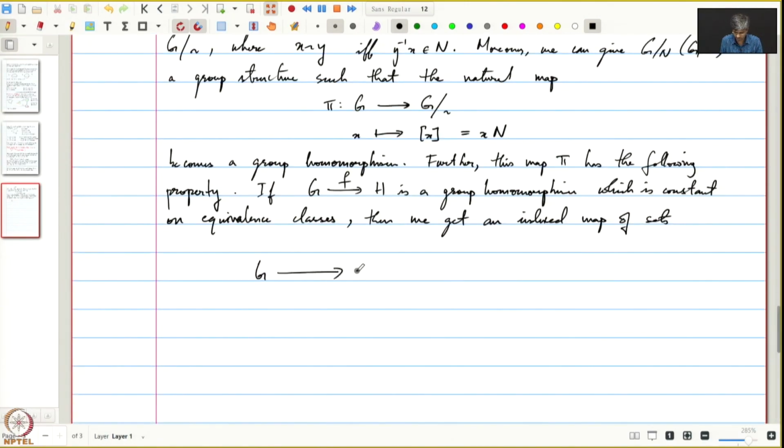When we look at G mod equivalence, we get a map of sets, let's call it F bar, and the important thing is that F bar from G mod N to H is a group homomorphism.